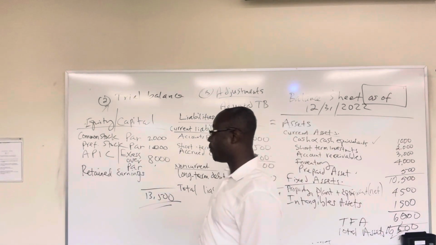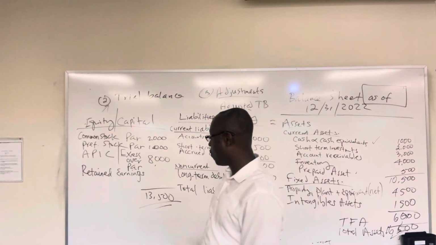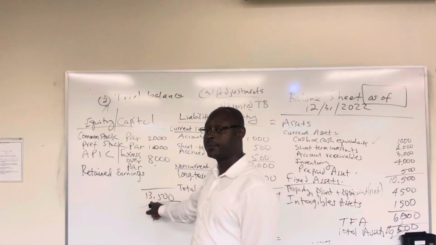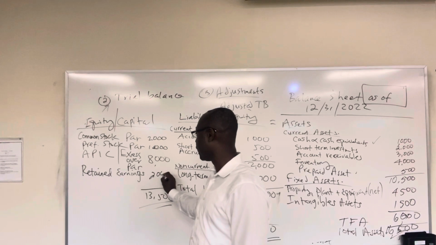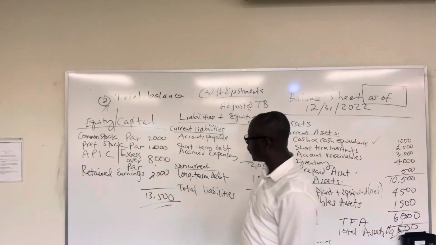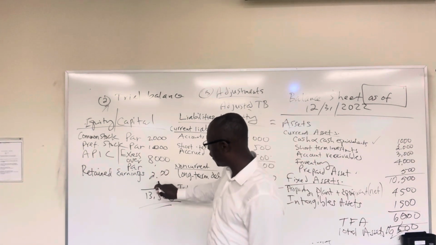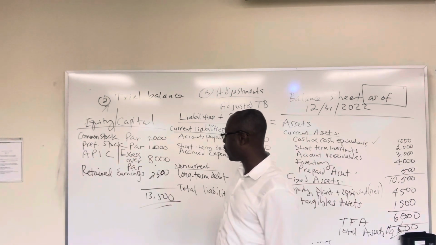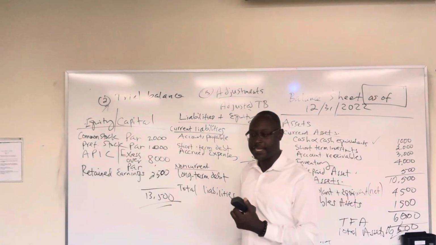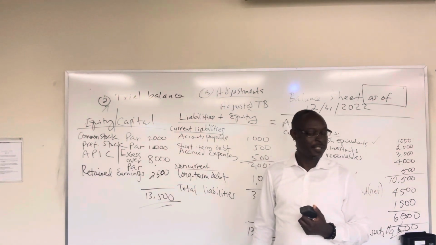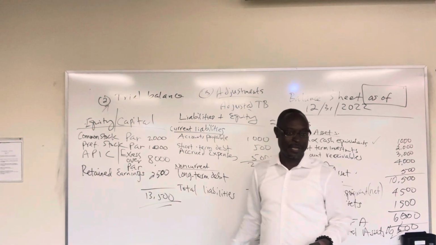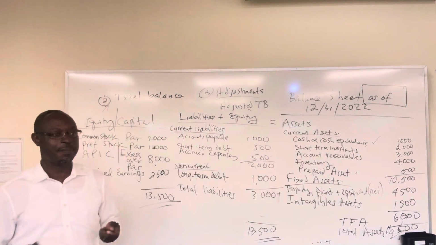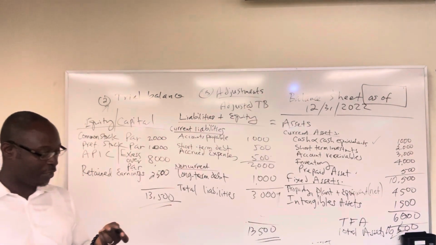So if I want 13,500, what am I going to put here? I'll put 2,500, because 11,000 plus 2,500 will give me 13,500, correct? So that's how I explain my equity. So these are just general ideas that I want you to be aware of when it comes to the balance sheet. Any questions on the balance sheet?